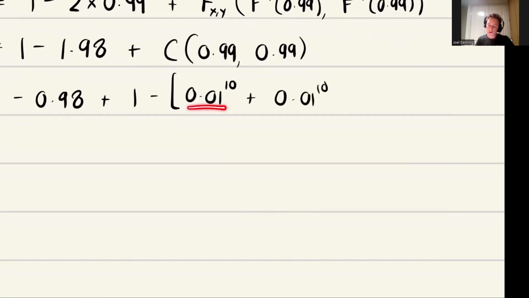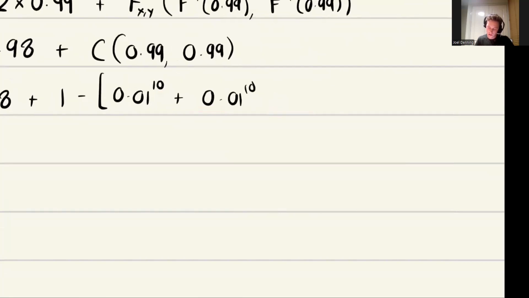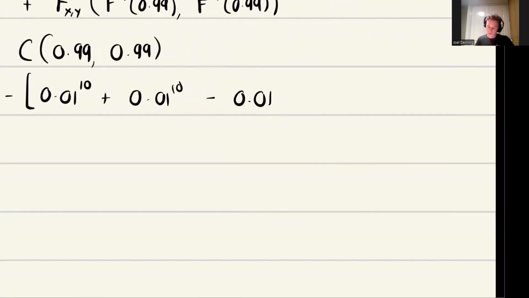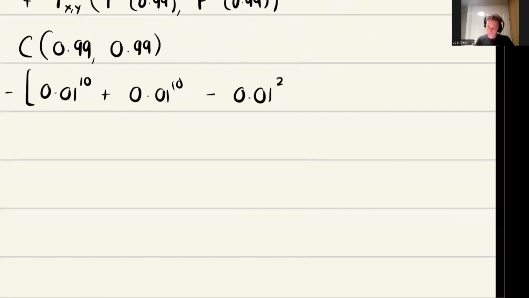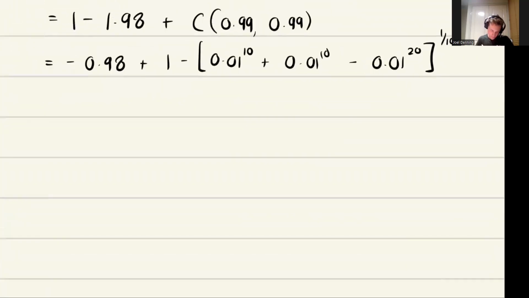Right, so 1 minus u to the theta plus 1 minus u to the theta minus 1 minus u to the theta, and then again, so to the 20, over all to the power of 1 over theta. Plug that into your calculator. You should get this. I'm going to do it myself just to make sure I haven't made a mistake.